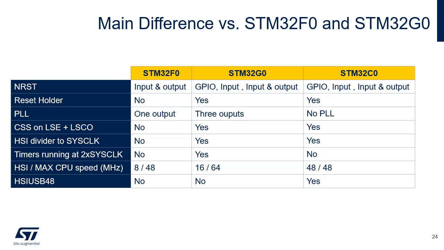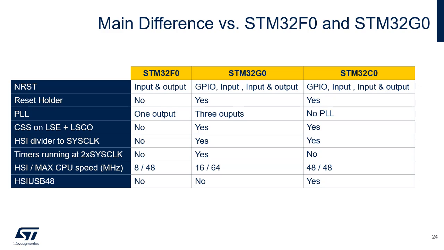Reset input and output, or legacy mode, where any valid reset signal on the pin is propagated internally, and all internal resets are driven to the pin. And GPIO mode, where the pin functions as a standard GPIO, and resets are managed solely by internal sources.